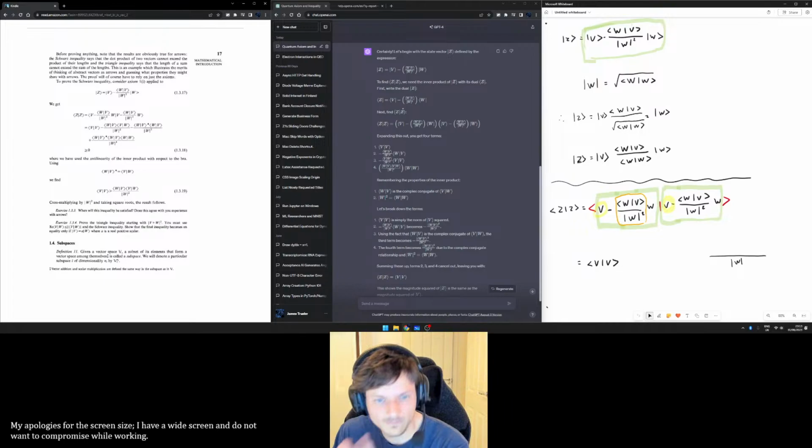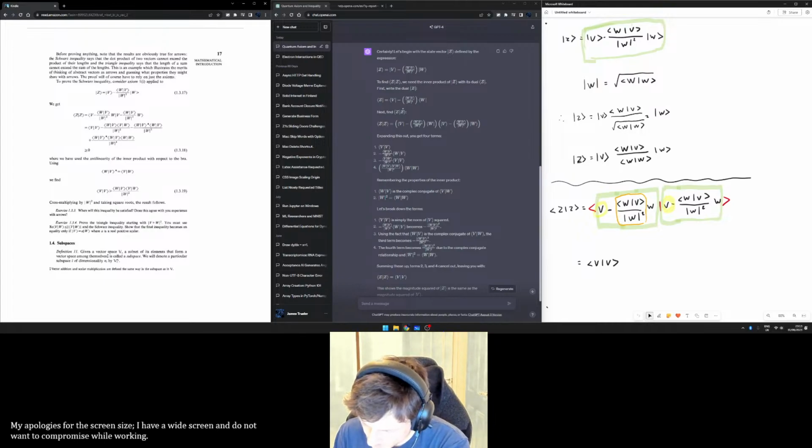So if you're taking the inner product, what you're essentially doing is you're going to multiply the components. So this is a vector and that's its component, right?